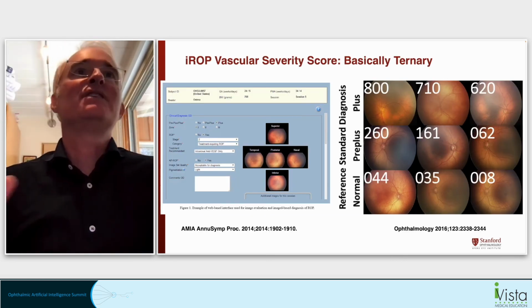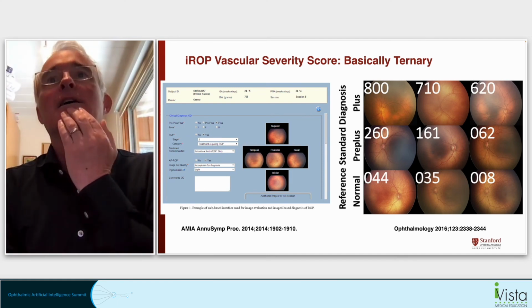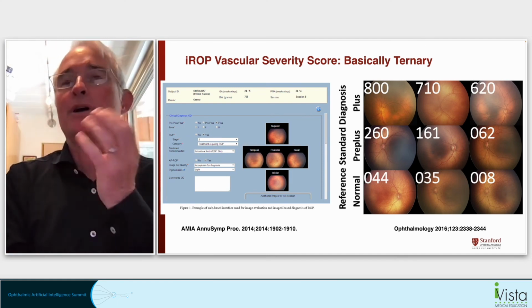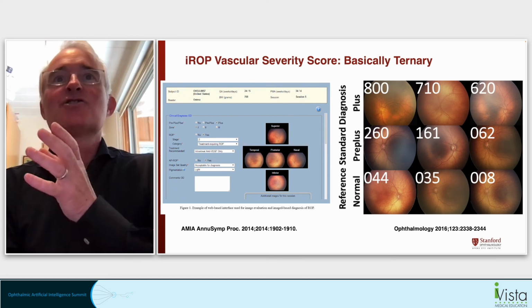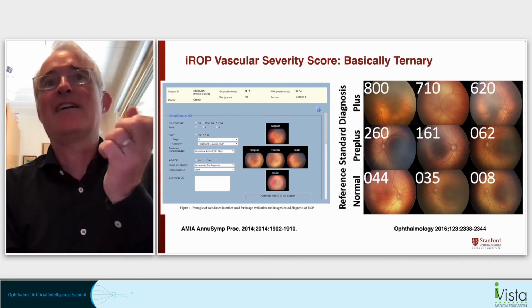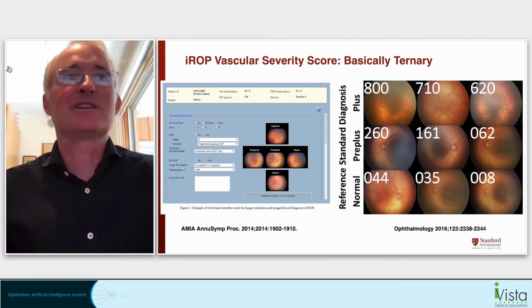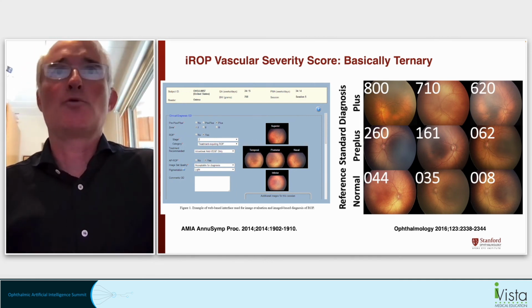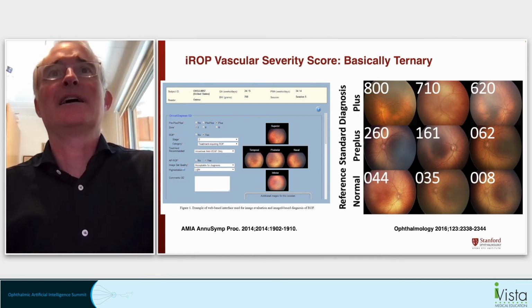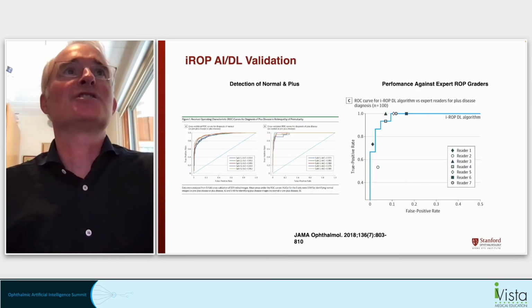The ROP vascular severity score looks at a 9-point level, but basically it's ternary. You either have no plus, you have pre-plus, or you have plus on this 9-point scale. And why are they focusing on plus? That's what drives treatment interventions in ROP.